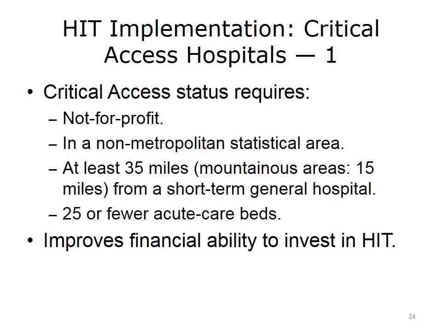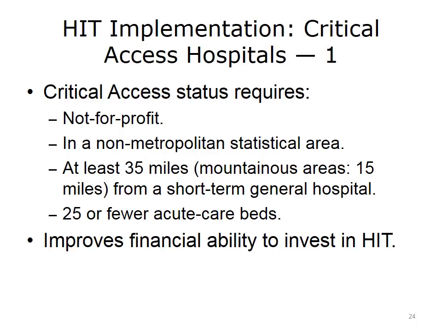The Balanced Budget Act of 1997 introduced criteria by which small rural hospitals could convert to critical access hospital status. To qualify, the hospital has to be not-for-profit, located in a non-metropolitan statistical area, be situated at least 35 miles, or 15 miles if the area is mountainous, from another short-term general hospital, and have 25 or fewer acute care beds.